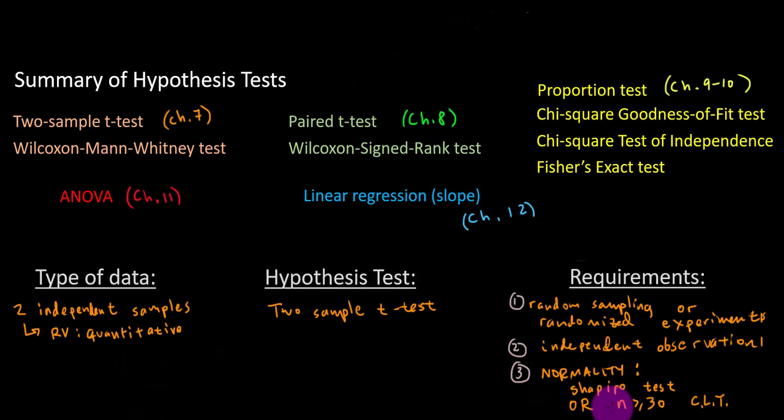If they cannot, then our backup test is to use the Wilcoxon Mann Whitney test. So if number 3 cannot be met or satisfied, then we can use the Wilcoxon Mann Whitney test.